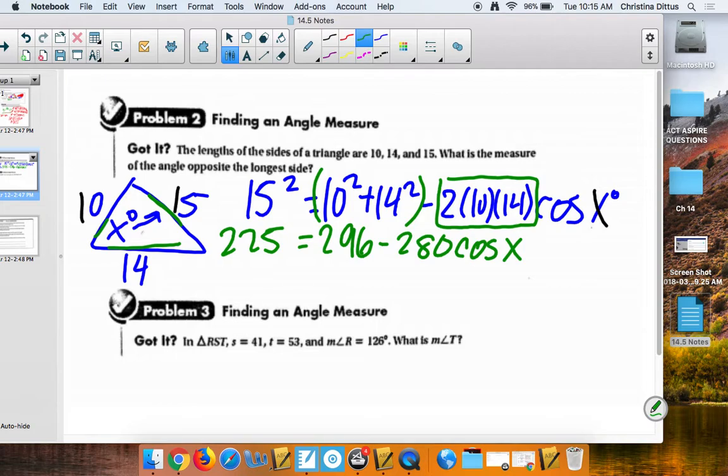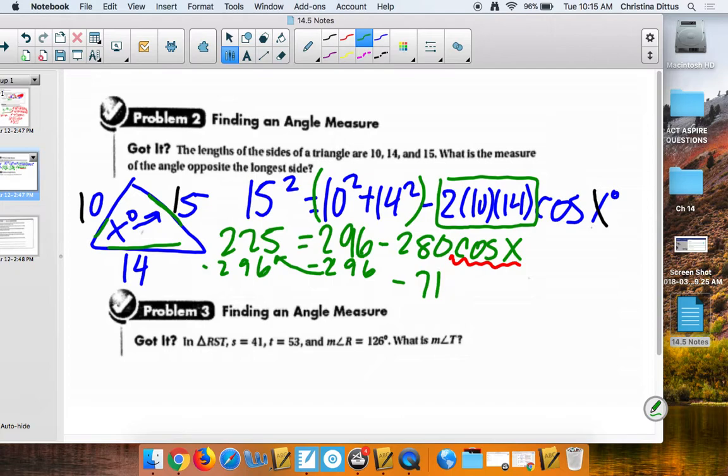Okay, I need to get this cosine x by itself. This is kind of like how we solved for cosine, sine, tangent on the quiz. I need to get this 296 over. How do I do it? Subtract it, so minus 296, minus 296. 225 minus 296 should be negative 71.